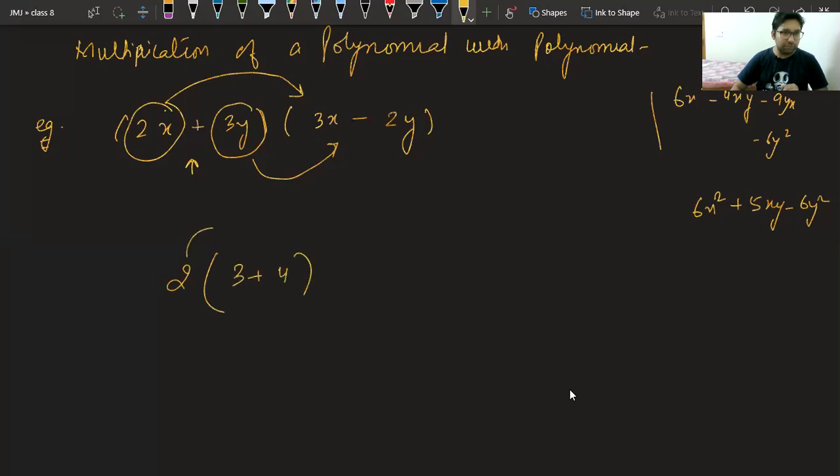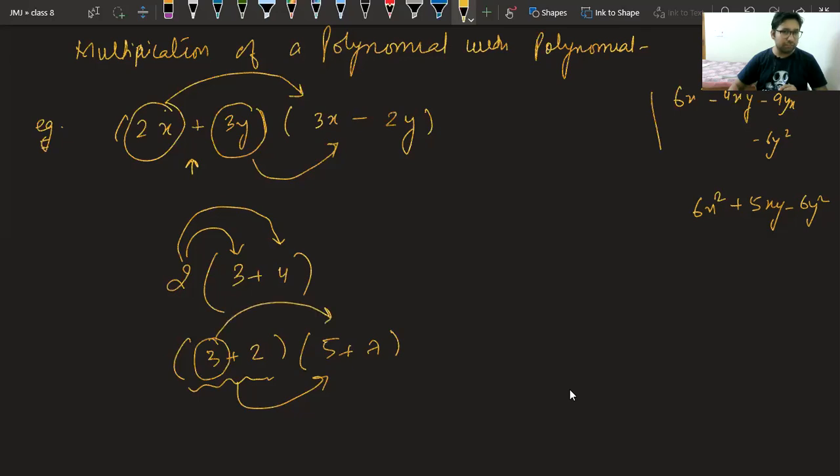What we do is we multiply this 2 with the 3, then we multiply this 2 with 4. But in case you have got 3 plus 2 and 5 plus 7, this means this complete bracket needs to multiply with this complete bracket. So for that we have found a way. The way is first you take the first term, multiply with the complete bracket. Then take the second term, multiply with the complete bracket and solve it. That's it. So let me write.